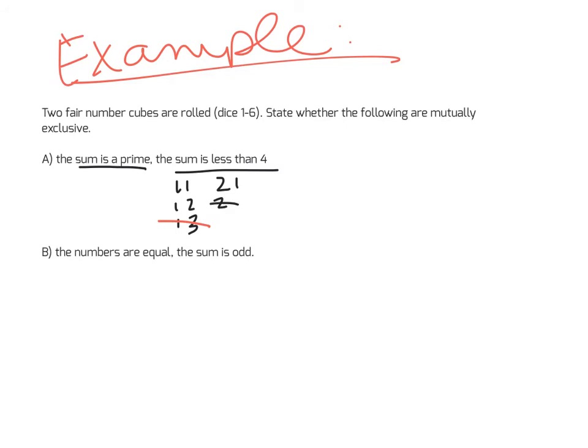So those are all the possible sums less than 4, and the sum being prime. So when I add these guys together, that equals 2. 2 is a prime number. So here we have a sum that is less than 4, and the sum is also prime. So that means they are not mutually exclusive.